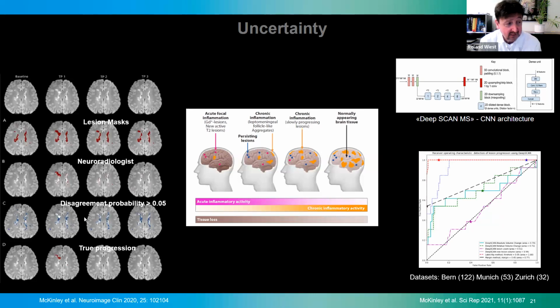These are the areas where the model is uncertain. So the model itself is trained during the training to predict when it makes mistakes, and then it outputs this as colored parts of the images. And by outputting this kind of disagreement probabilities, the models achieved a very high accuracy in the depicting of new lesions.